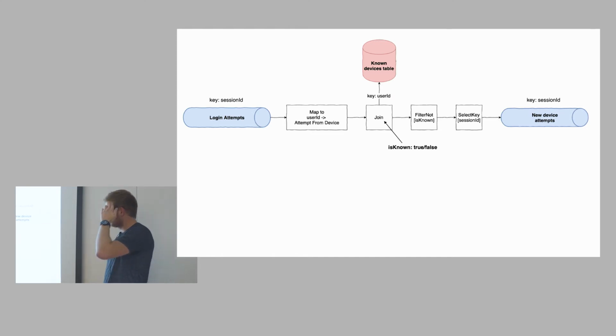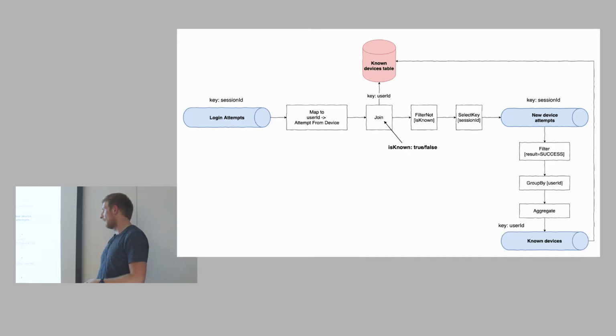In order to do it, we need to start our known devices topology from new device attempts. This is what we do here. We have all the means to do it because we have the result here. So we can do filtering of new device attempts, then group these attempts by user identifier, aggregate them again, as we did in the previous topology, and output an event to known devices.